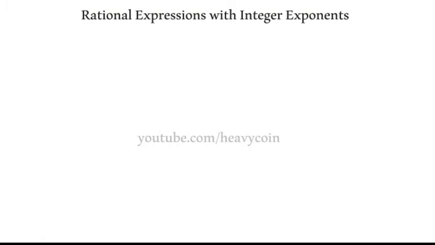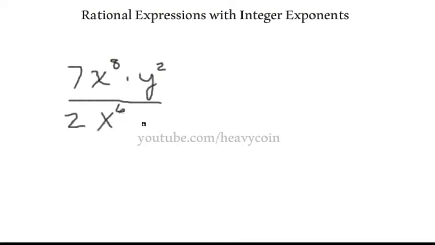Alright, let's look at, I don't know, I think let's start working some stuff with some variables in it. How about I had 7x to the 8th times y squared, so we're going to jump right on into the water here, and it's not too deep, I promise. X to the 6th and y. Okay, well, we have an x to the 8th and an x to the 6th.